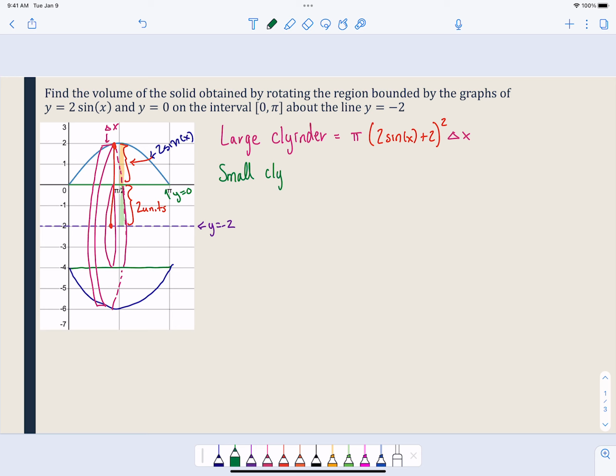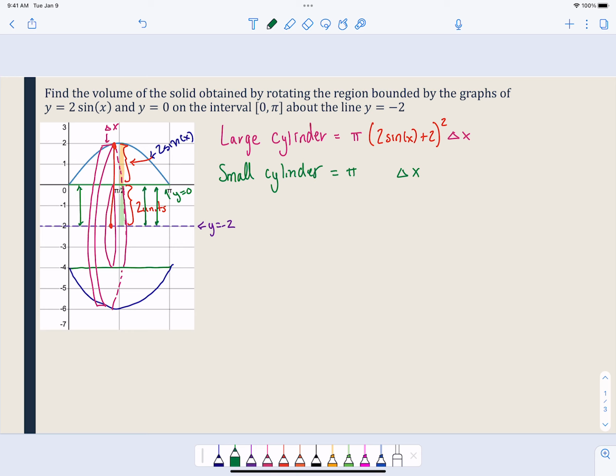Our smaller cylinder that we've cut out is going to have the same radius all the way across. I can't spell the word cylinder, but at least I knew it looked wrong there. Again, we're going to have pi, we're going to have delta x. It doesn't change.